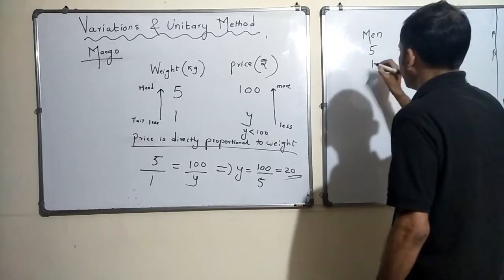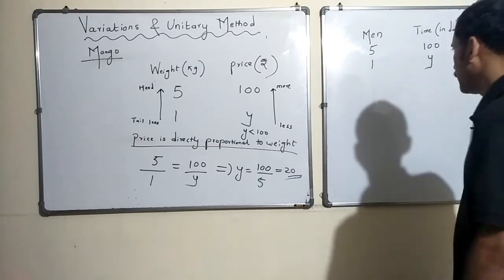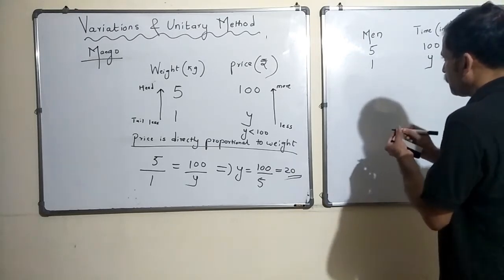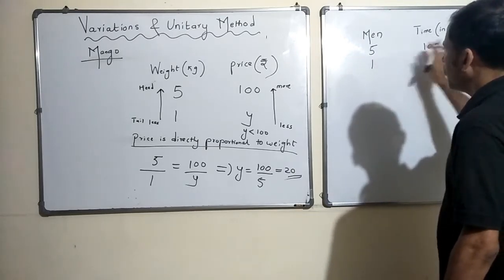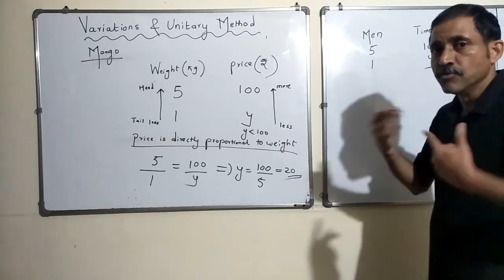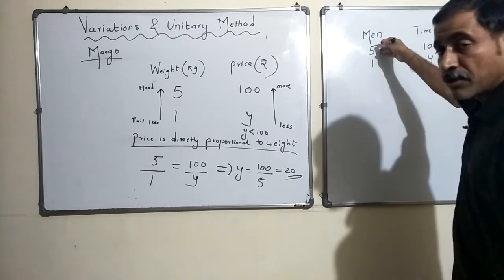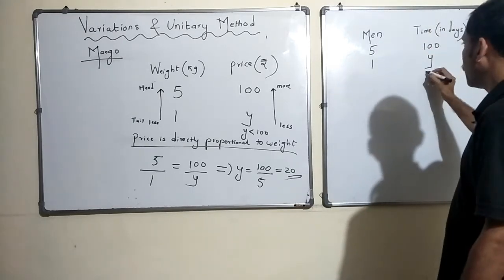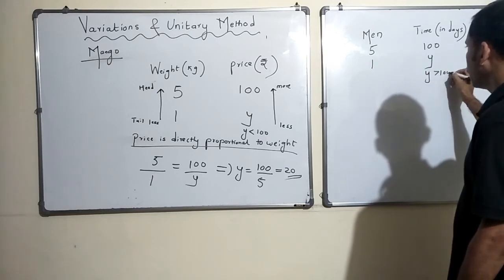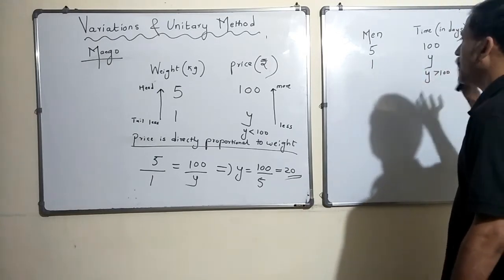How many days would one man take to complete the work, let us say, y days? All right. Now you tell me, 5 men take 100 days, one man would take definitely more than 100, no? Correct, no? He has to do more work, right? He has to do the work of other 4 people also. So y definitely is greater than 100. What is the exact value of y? We will figure out, but y will be more than 100.